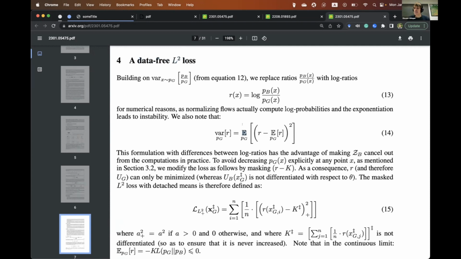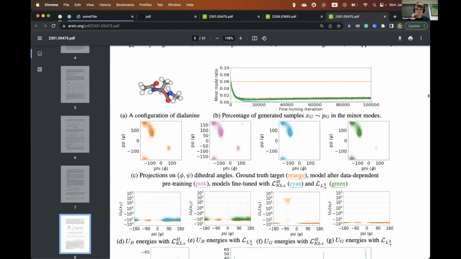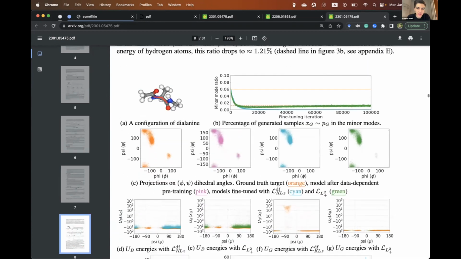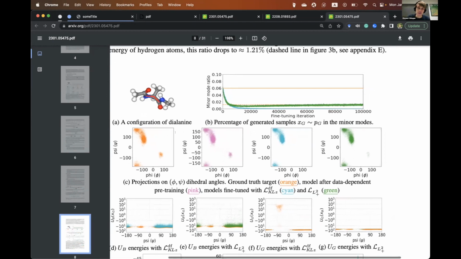However, what they're doing is still that they pre-train their flow with MD samples, and then they do fine-tuning using this objective that they introduce. But if you scroll down to the resulting figures, I think they also have results for alanine dipeptide. No, they have alanine. Yeah, it's a different name for the same molecule.